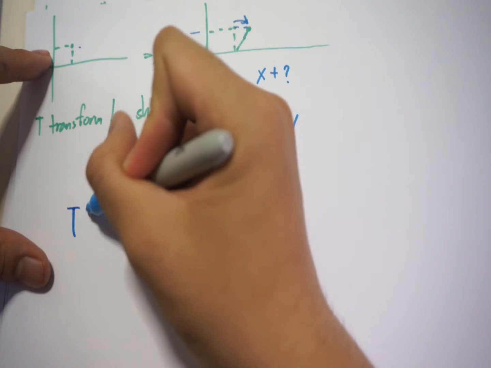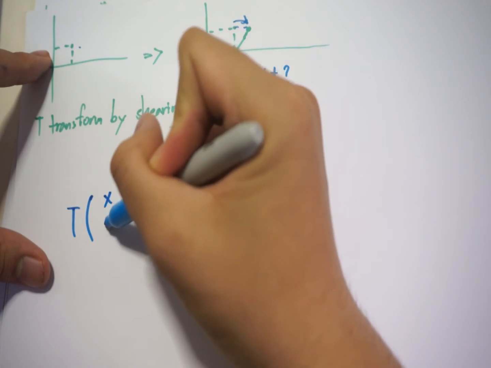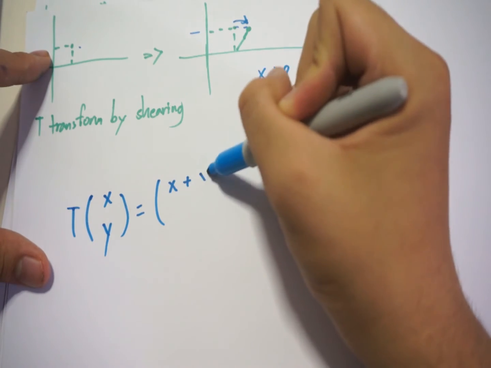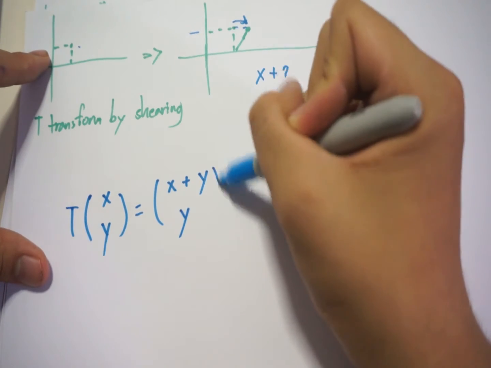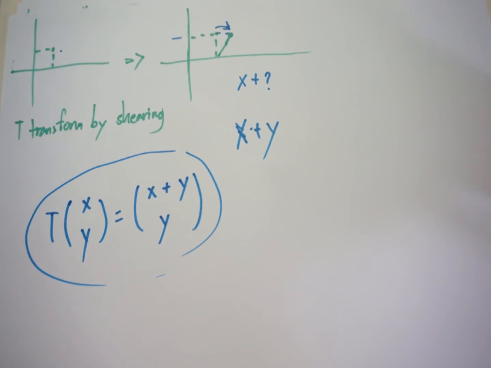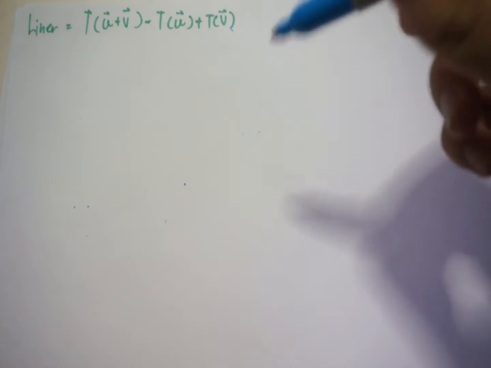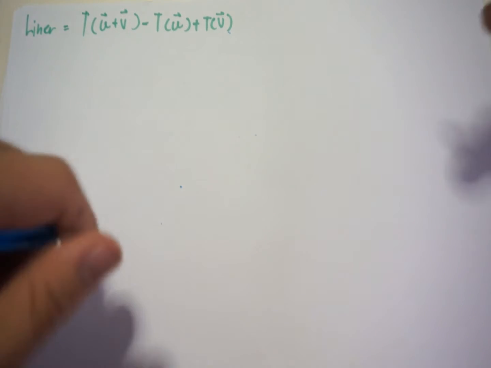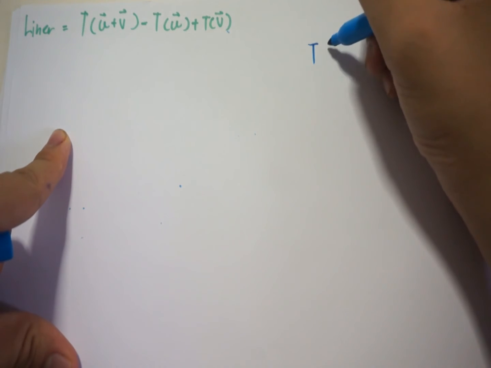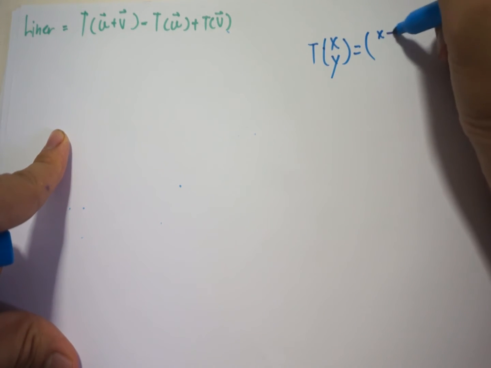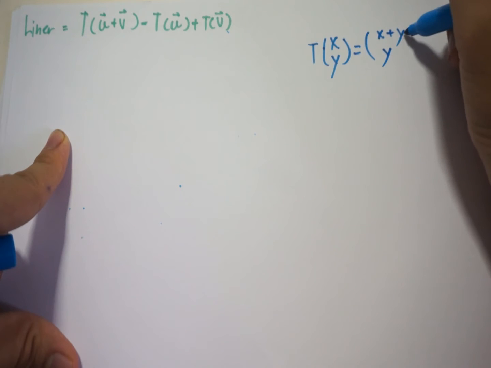But since we found the general form of it, we can safely say that x plus y and then y over here is the general form of this question. We're going to move on to the linear things. For the linear, we're going to do the exact same things as the last question by using the general form, which is x plus y and y.